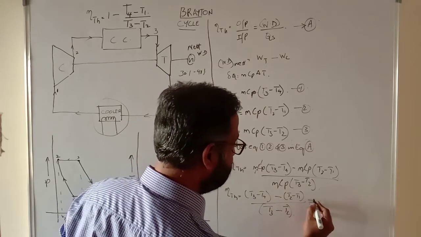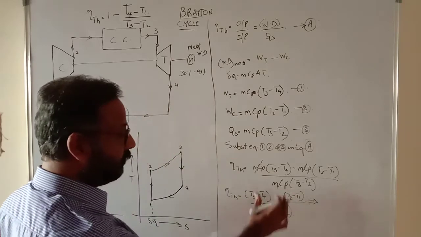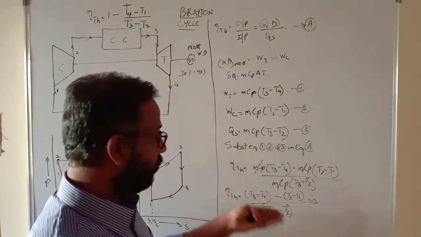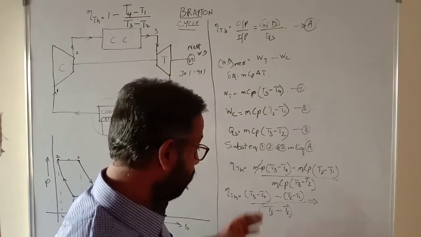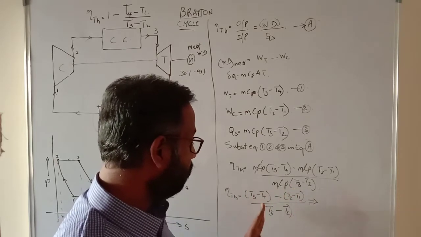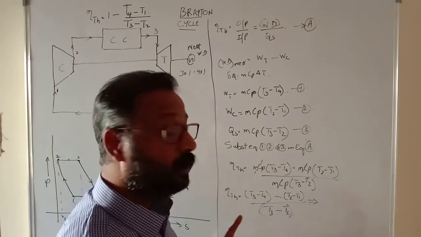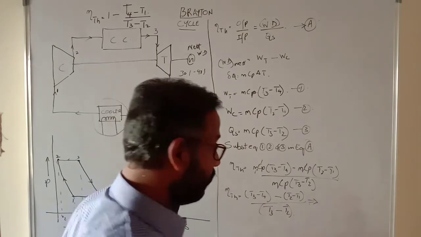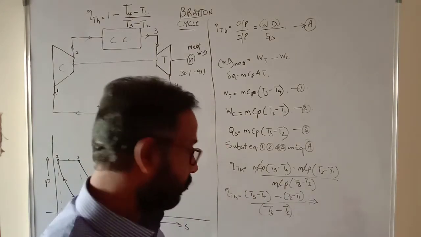Now I'll just bring this equation in terms of T3 minus T2. I'll see if I can get the same denominator function in the numerator also. I'm not doing anything much, I'm just rearranging these functions so that I get T3 minus T2 as one function in the numerator. That's just for simplification purposes.